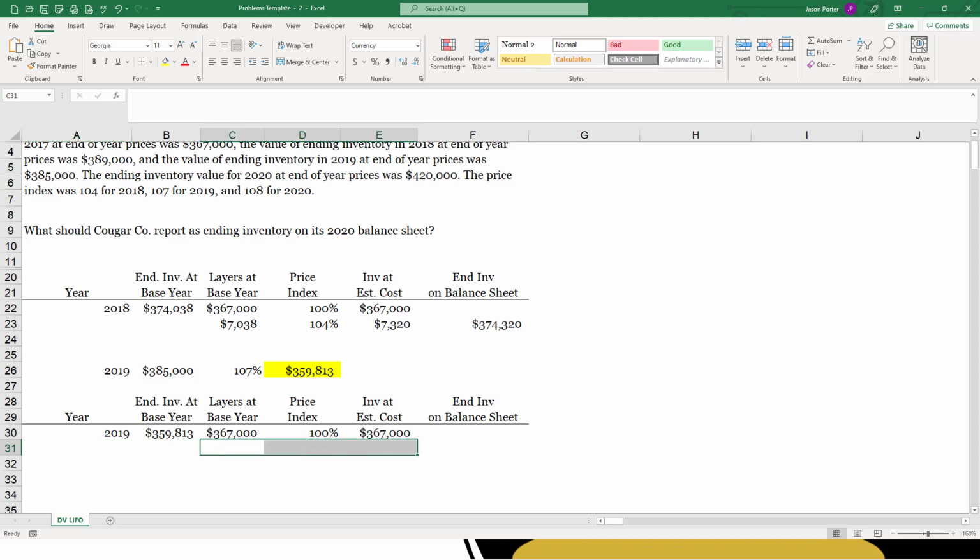So this is gone. And then I would have started selling inventory from that first year, 2017. So I'm actually going to replace this with that same $359,813. And that's going to change my inventory at estimated cost to be $359,813, and that becomes my ending inventory.